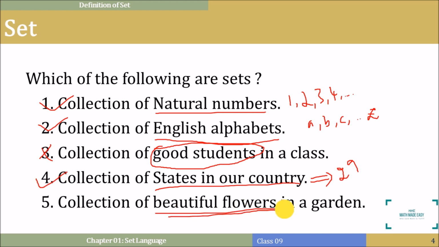Beautiful flowers cannot be defined; it varies from person to person. So it cannot be regarded as a set. Here 1, 2 and 4 can be regarded as sets because they are well defined. Now you know the definition of well defined.